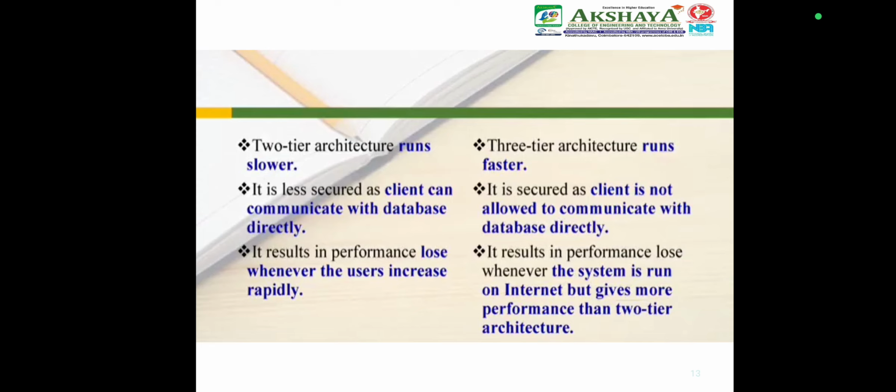Two-tier is less secure as the client can communicate with the database directly. Three-tier is secure as the client is not allowed to communicate with the database directly. Two-tier results in performance loss whenever the users increase rapidly. Three-tier results in performance loss whenever the system is run on the internet, but gives more performance than two-tier architecture.